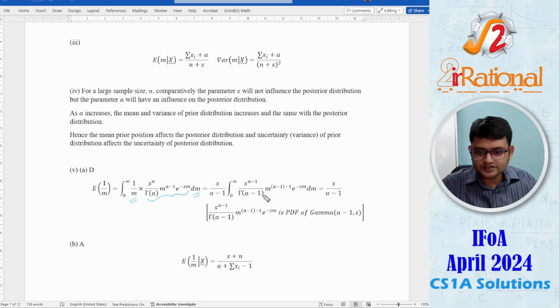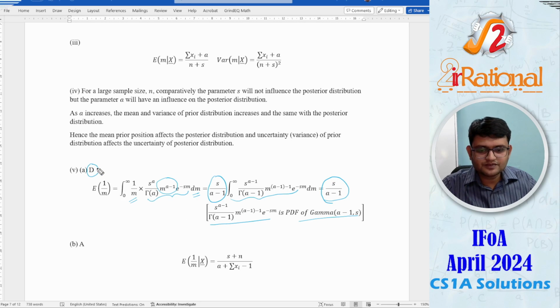When you simplify this, when you remove one of the m's, you'll get m raised to a minus 1 minus 1 because I want to make it exactly the same as the gamma distribution here. So instead of a, I have a minus 1. So I will create that here and here by removing s upon a minus 1. So this is nothing but the PDF of a gamma distribution with a minus 1 comma s. So this part will just become 1. So the mean will become s upon a minus 1.